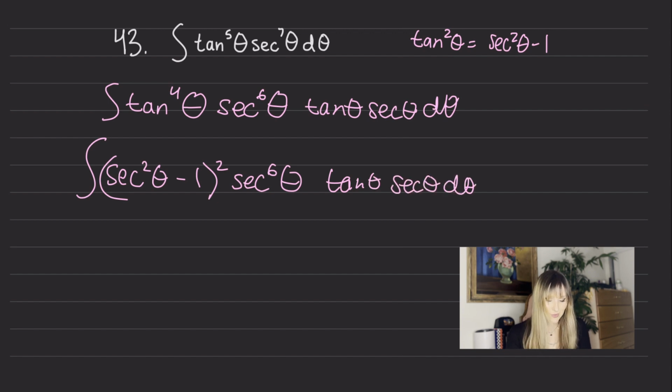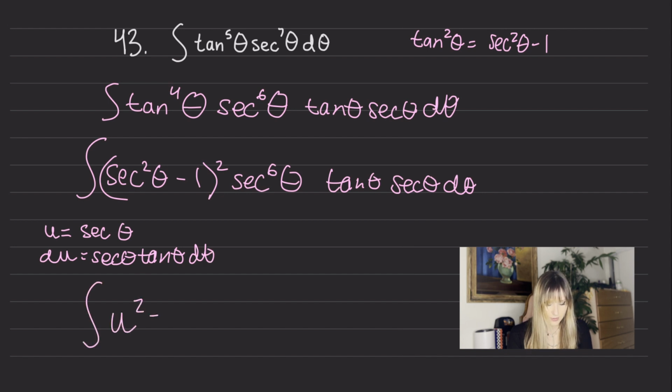U substitution, du is going to be, what am I doing? It's not secant, it's secant squared, it's secant theta tangent theta d theta. So we get something like (u squared minus 1) squared u to the 6th, and then du.